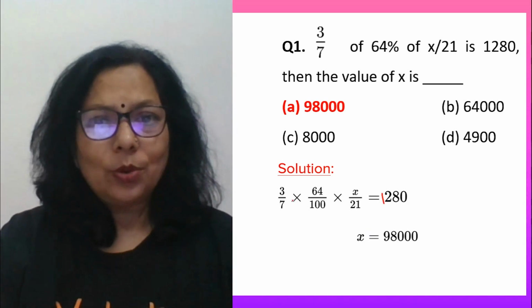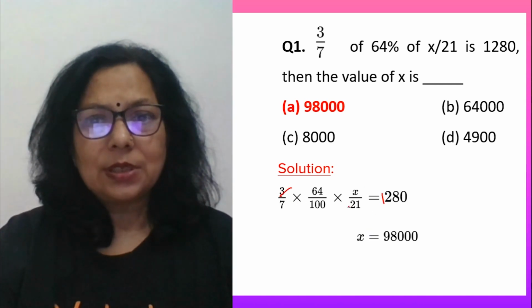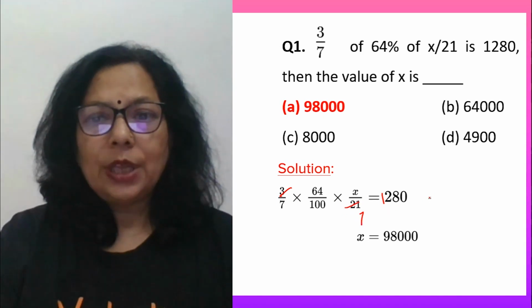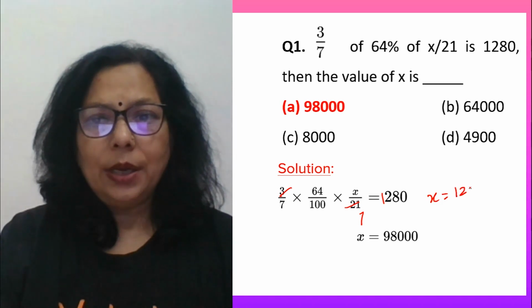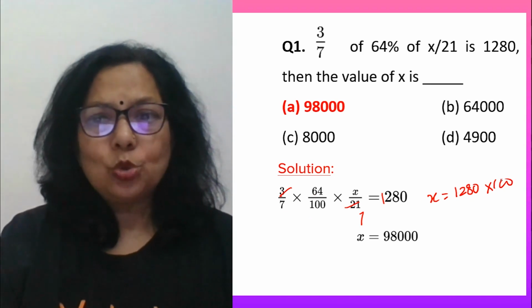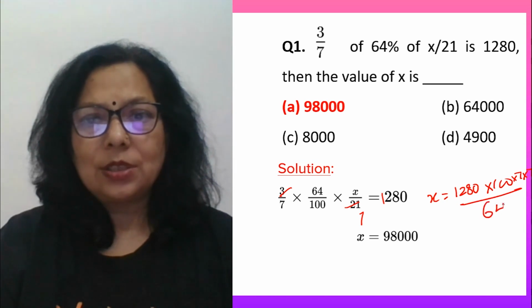So when you calculate all this, 3 sevens are 21. Then you will get x is equal to 1280 into 100 upon, again these two sevens will also go here, into 7 upon 64.